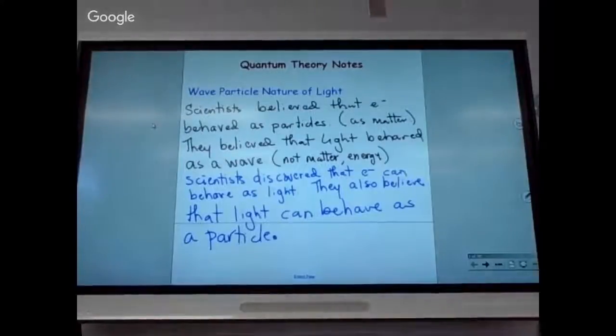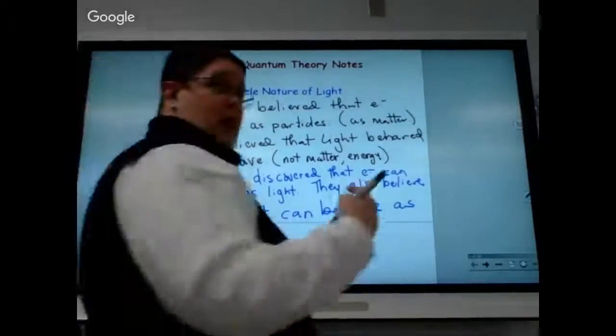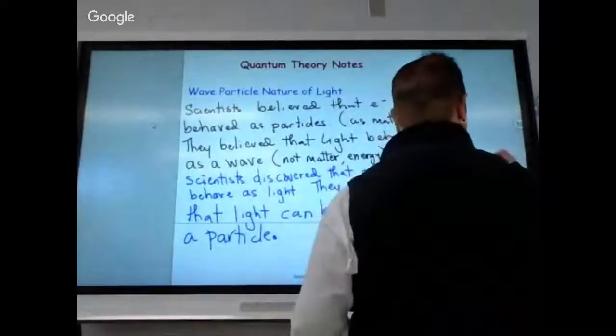The light from these fluorescent lights in here can be a particle, can act like a BB or a marble. They could possibly have mass. They could hit stuff and knock it out of the position that it's in. That sounds fairly bizarre to most of us. In the early 1900s, this was really revolutionary. Okay? And believe it or not, scientists proved that this was correct.